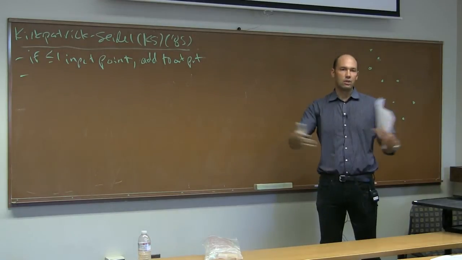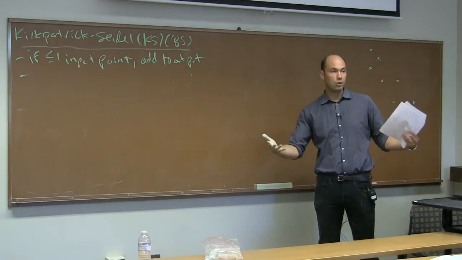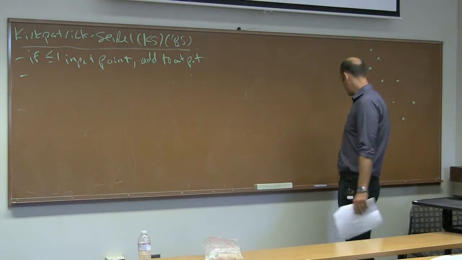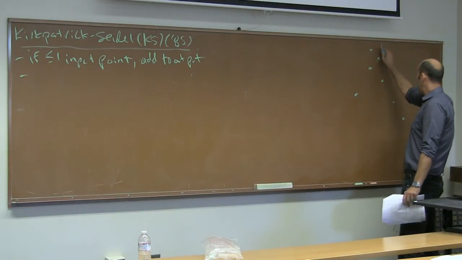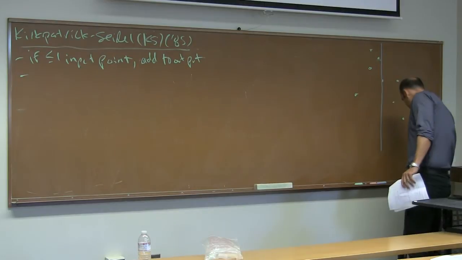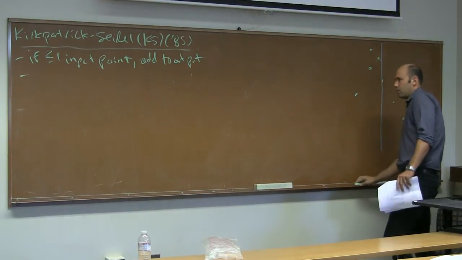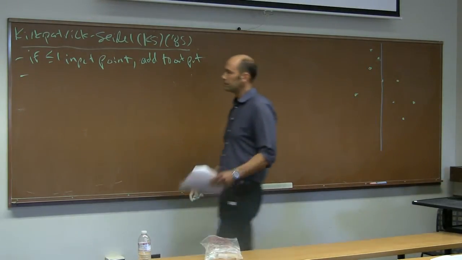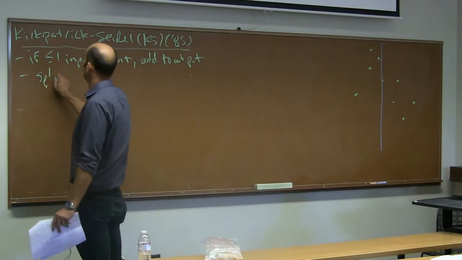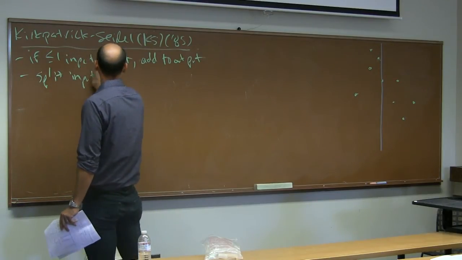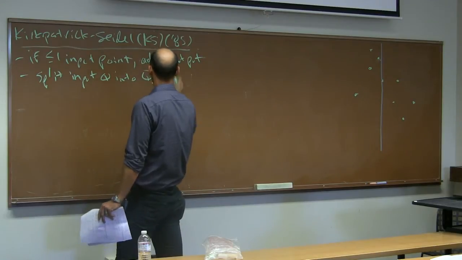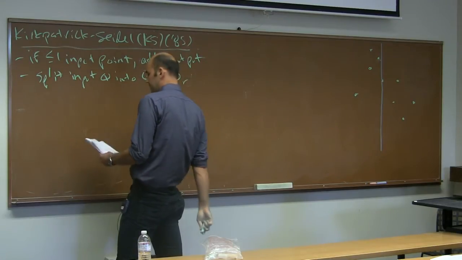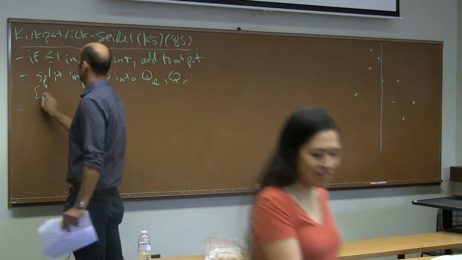But of course, median is only in a single dimension, and here we have 2 dimensions. So we're just going to pick one of the 2 dimensions, let's say the x-coordinate, and we're going to split the data set around the point with the median x-coordinate. So now we have a left part of the data set and a right part of the data set.